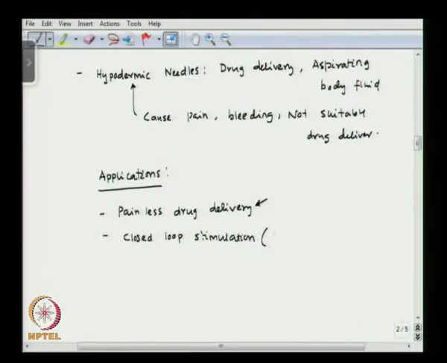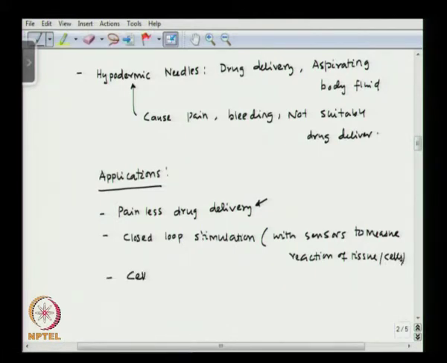So, we can use sensors to measure the reaction of tissue or cells. Okay.